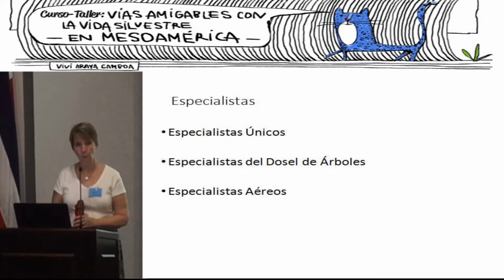The arboreal crossings and the aerial species. So we even have permeability issues with some flying species, bats and birds, some insects. We've actually done crossing structures for insects. I've been involved with butterfly crossings, and that's an interesting thing.